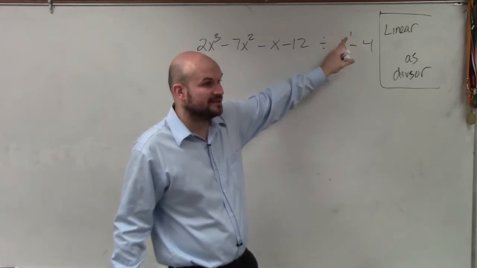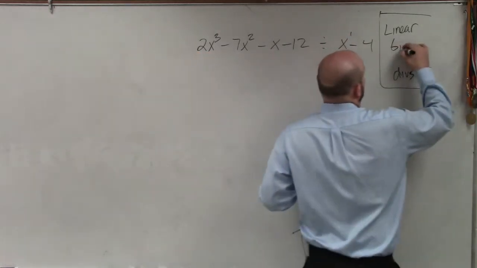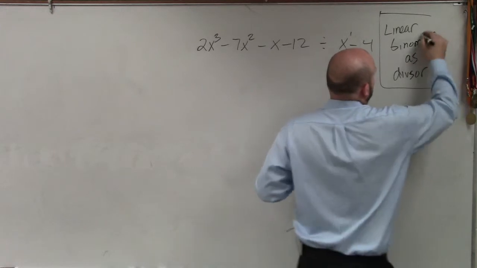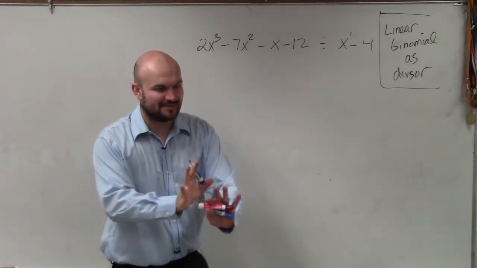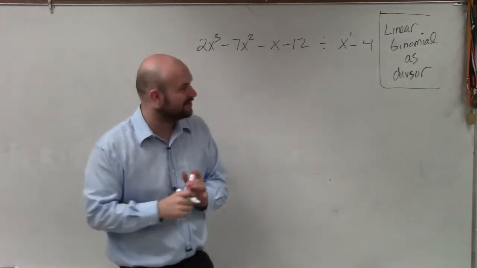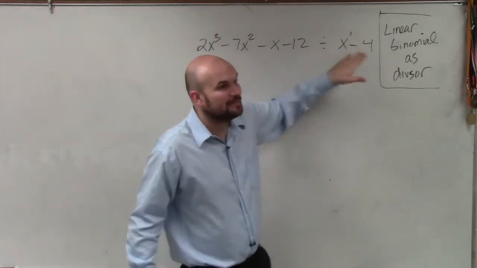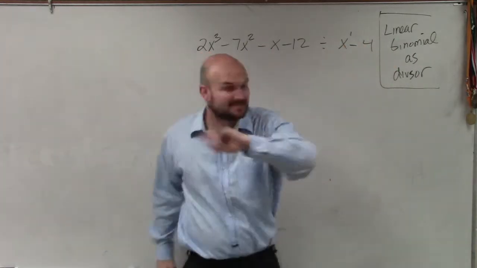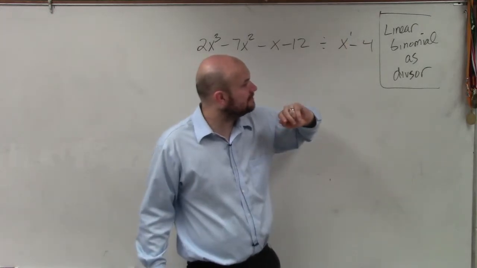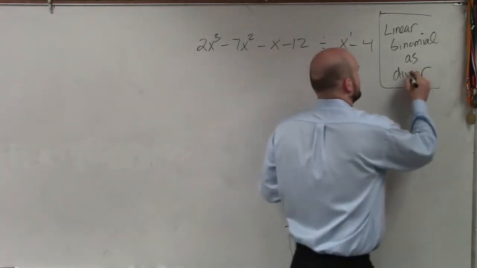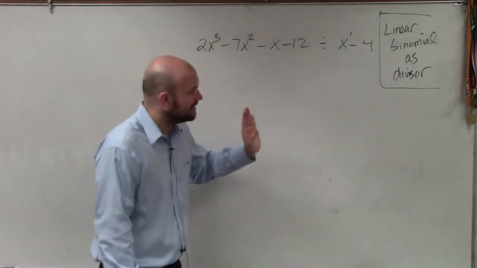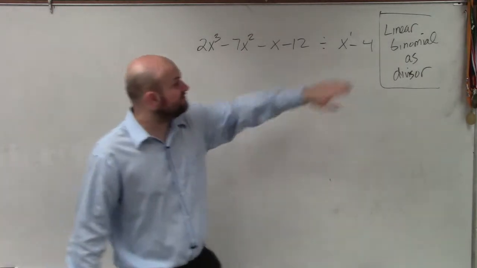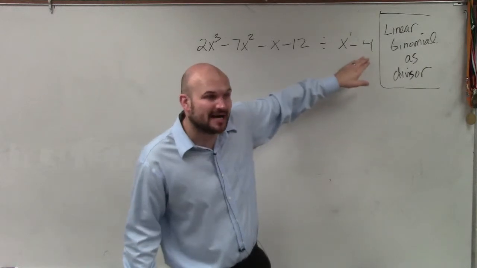No, I'm sorry, you're right, I got confused with long division. It has to be a linear binomial. It has to have two terms, and it has to have a degree of 1. My apologies. And that is as your divisor, what you're dividing by.